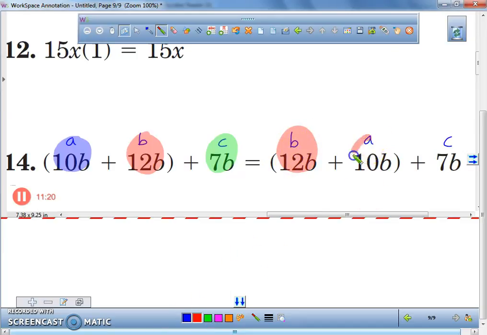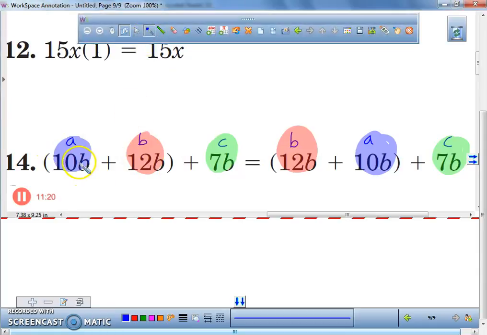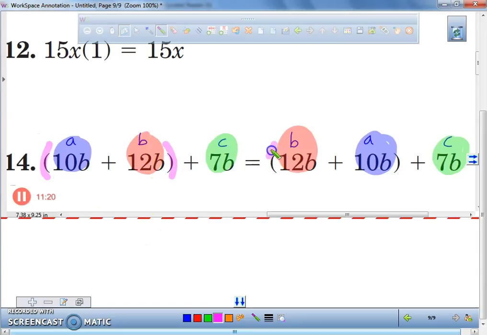So now, if you look at it carefully, since I color-coded it, blue, and then I have green, okay? So I did have blue, red, green, now I have red, blue, green. Now, one more thing. Look at this right here. And this right here.